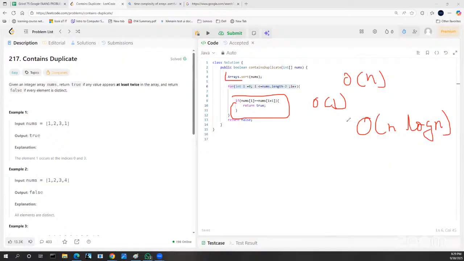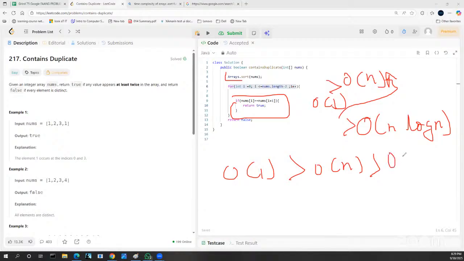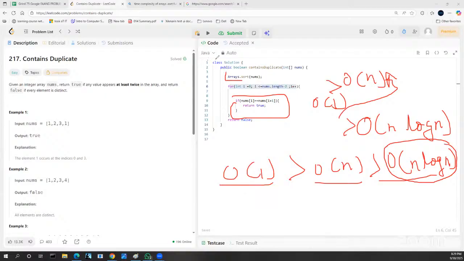So since O of n log n is greater than O of n, and O of n is greater than O of 1, can we say that this is the time complexity for the entire algorithm?